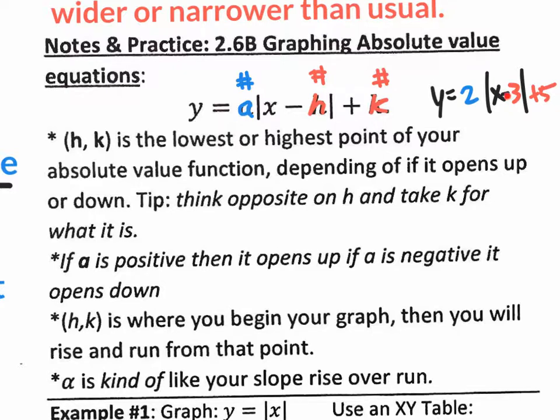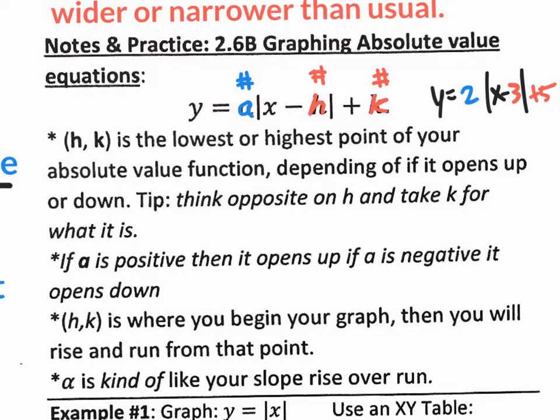So if it says x minus 3, the h value is really positive 3. And the k value, you take it for what it is. The reason we're thinking opposite on h is because of the minus sign in the form. So instead of minus 3, our h is going to be a positive 3. We take that (h, k) value, and that will be the highest or lowest point of our absolute value graph.